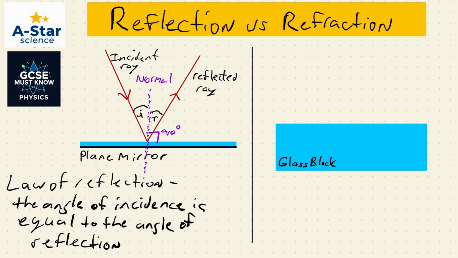And we can see that they will be equal. So the law of reflection says the angle of incidence, which is here, is going to be equal to the angle of reflection. And we can prove that using a practical setup. Remember, the normal is an imaginary line drawn at a right angle to the surface of a mirror or to any other surface. Now let's look at the principle of refraction and what that means.